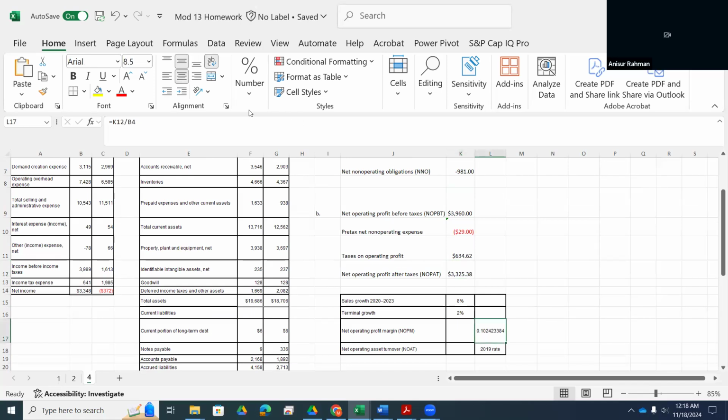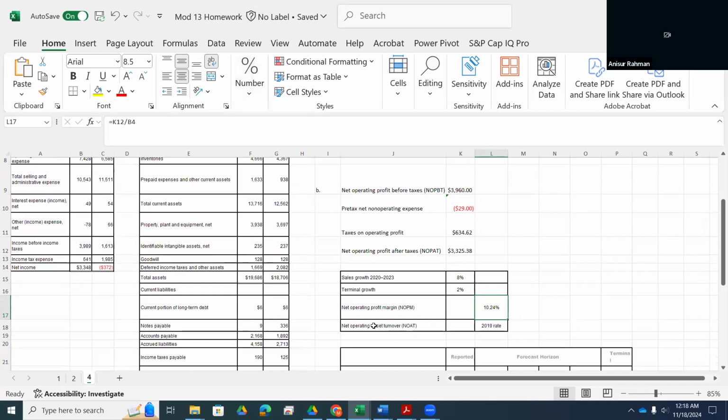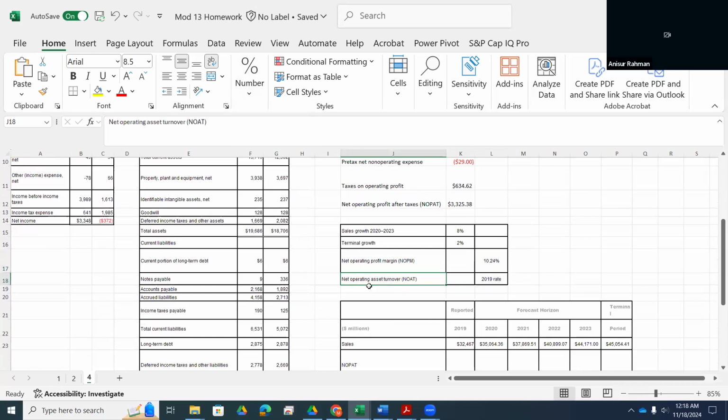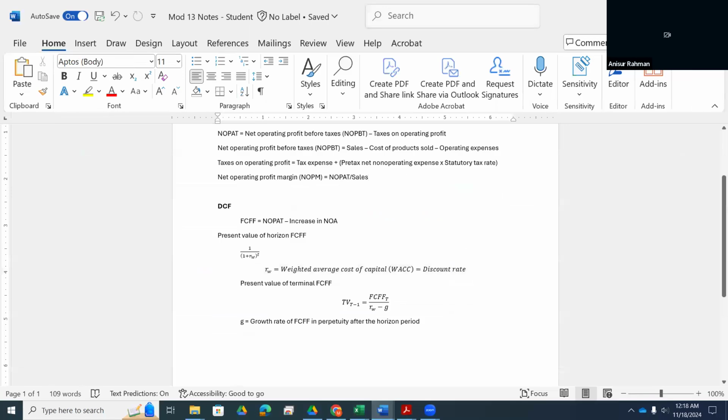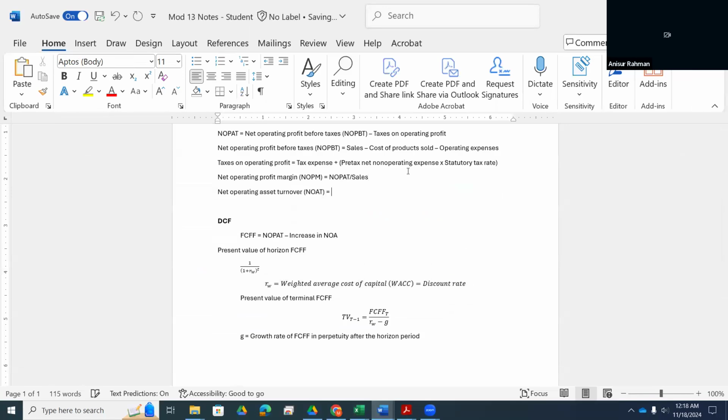So this in percent, 10.24%. Similarly, net operating asset turnover is equal to your sales over net operating assets.